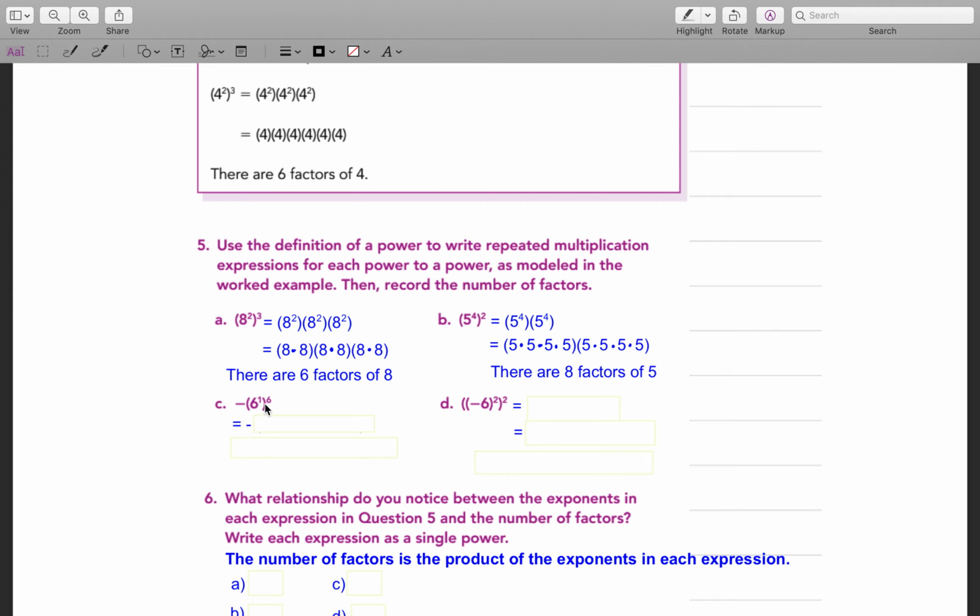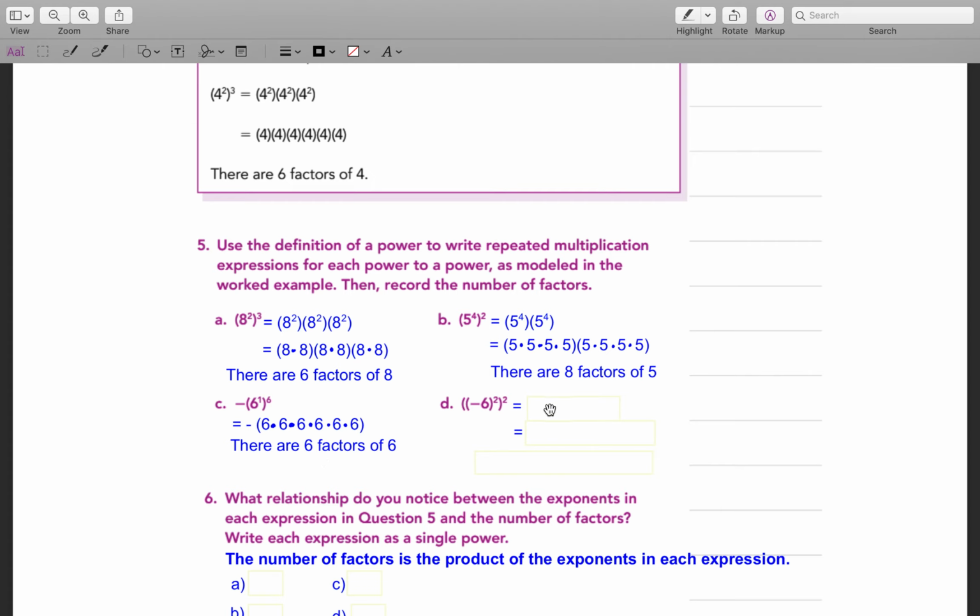And 6 being raised to the 1st power is the same thing as 6, just the regular 6. And that's going to be raised to the 6th power. That means we're multiplying 6 times. So it's going to be 6 times 6 times 6 times 6 times 6 times 6. So 1, 2, 3, 4, 5, 6. So there are 6 sixes. So there are 6 factors of 6.